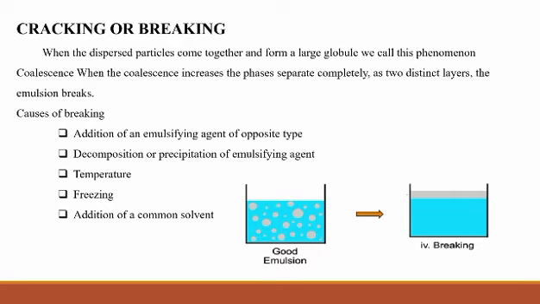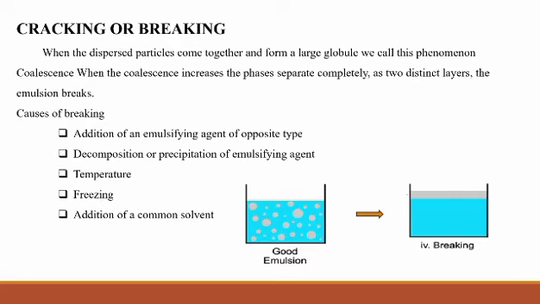But when we add the opposite of that, we will undergo this type of cracking phenomenon. Next is decomposition or precipitation of the emulsifying agent. If we add an emulsifying agent, sometimes it may undergo precipitation, which also leads to cracking. Next is temperature, freezing conditions, and also the addition of a common solvent. Common solvent is nothing but the dispersion medium.